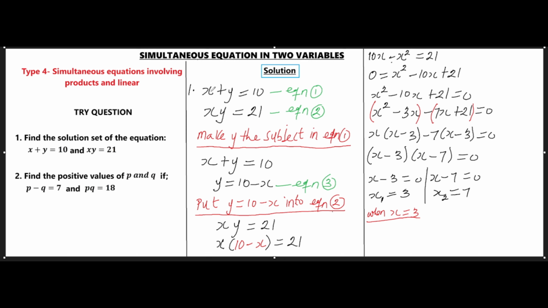In place of x, we are just going to substitute 3. So we have 3 in place of x, 3 plus y is equal to 10. So I have y being equal to 10 minus 3. And this will give me 7. So that is the first value of y.